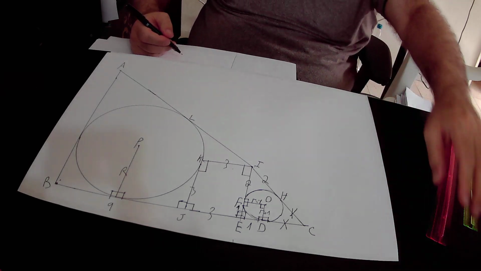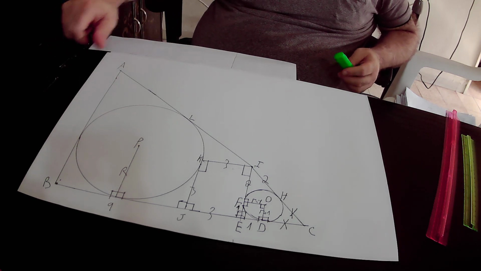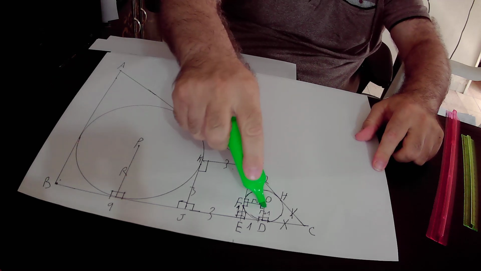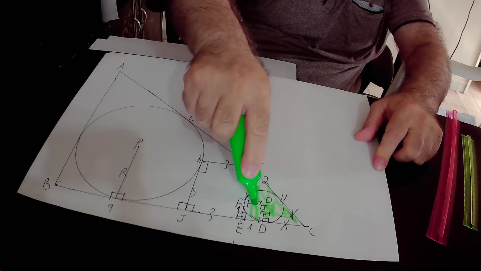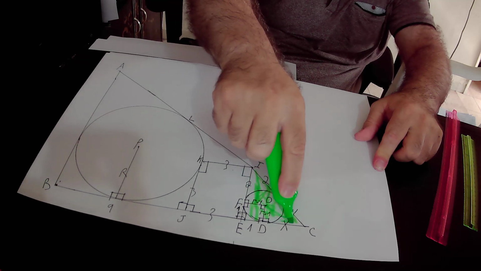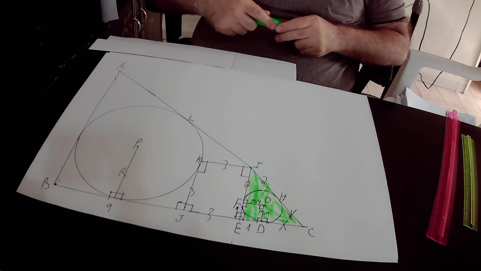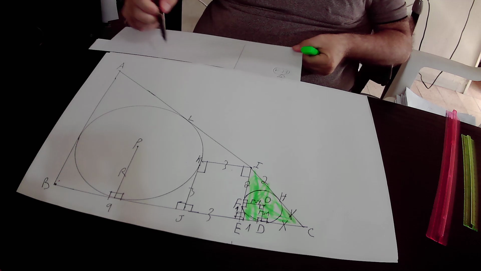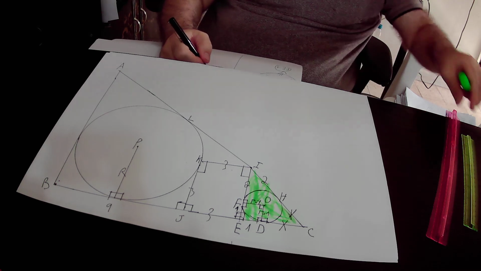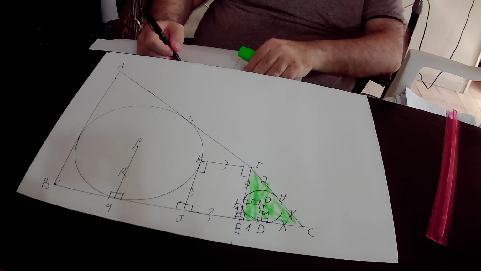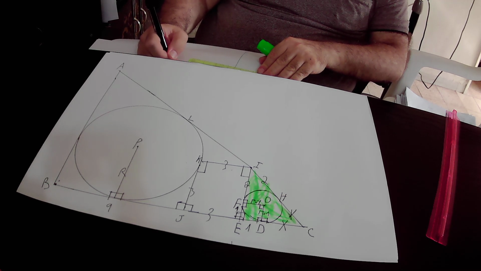Okay, so in the next step, we'll focus on the right green triangle IEC, and we will implement the Pythagoras theorem on it.